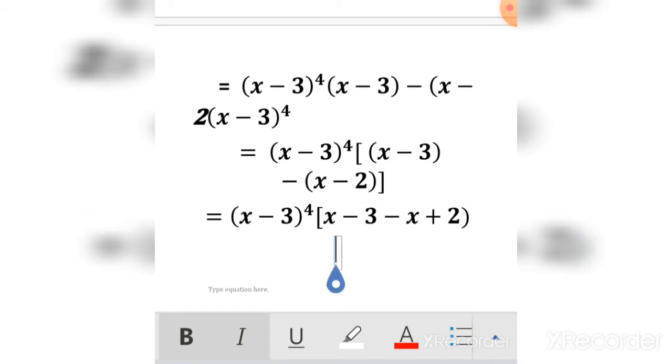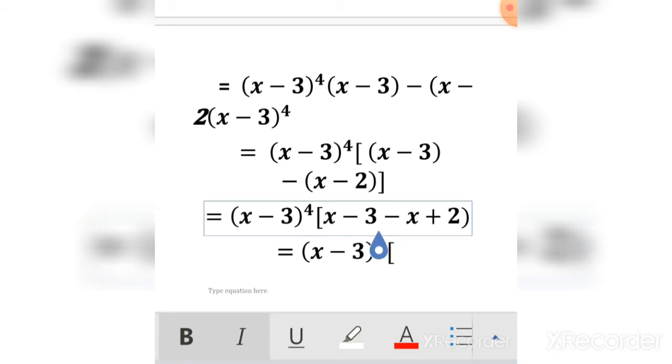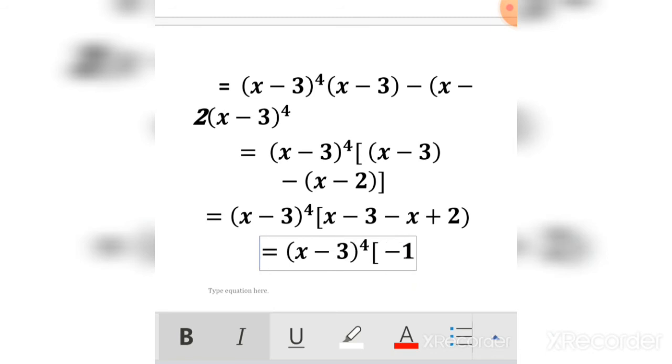Next, this is equal to x minus 3 to the fourth power times x minus x is 0, then minus 3 plus 2 is minus 1. So, this is negative 1.